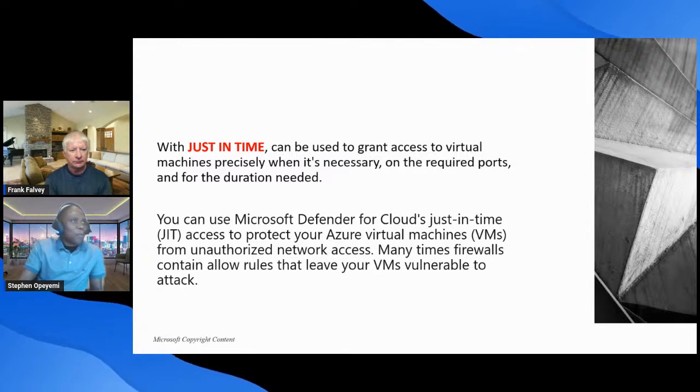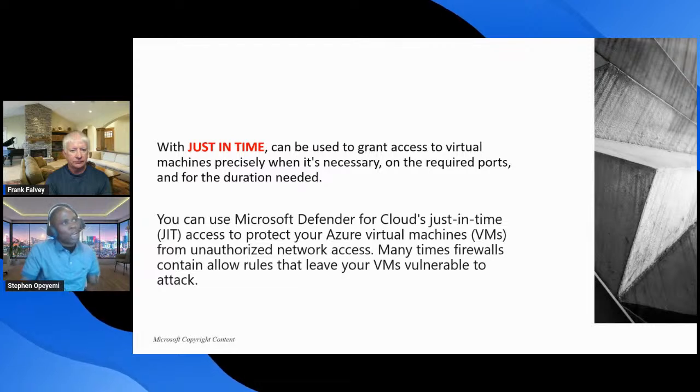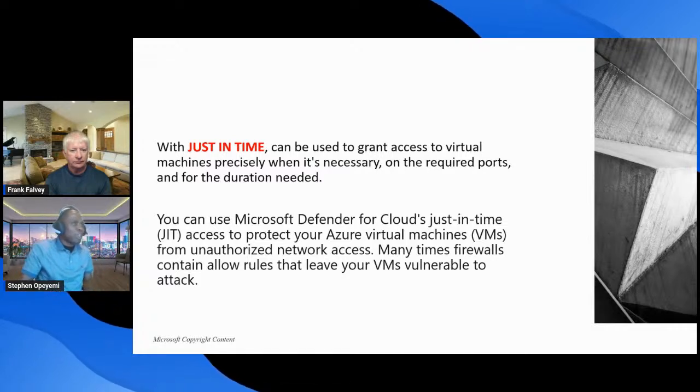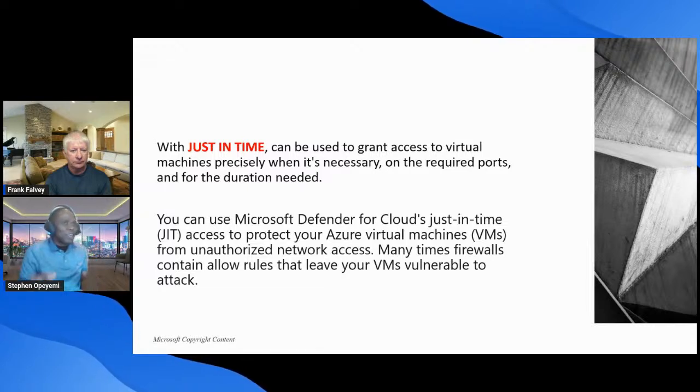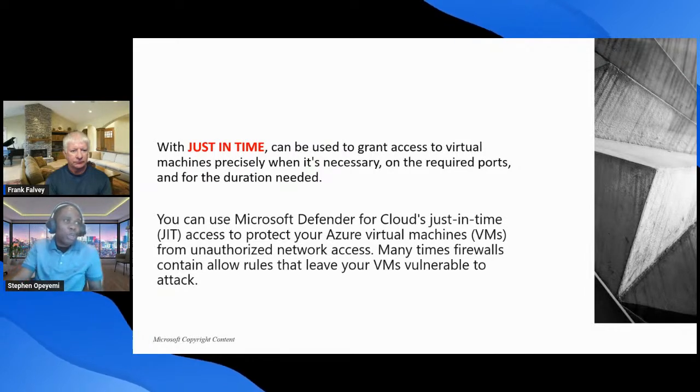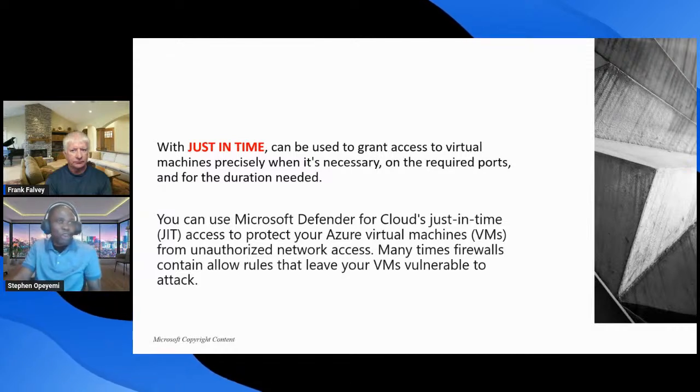Just-in-time can be used to grant access to a virtual machine precisely when it is necessary, on the required ports, for the duration needed. Perhaps you have an external person who needs to do some troubleshooting on your server or VM.